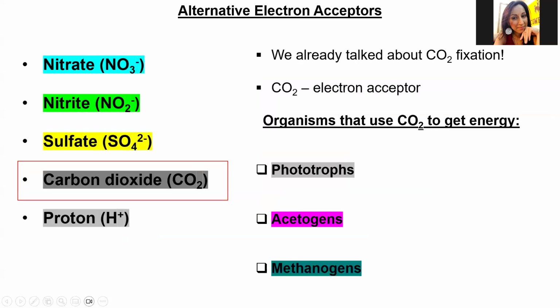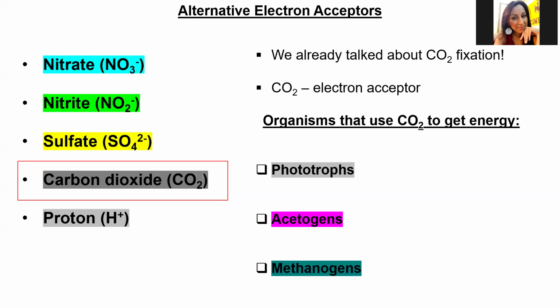Another important alternative is carbon dioxide. Well, carbon dioxide can be considered a carbon source if we think from the perspective of carbon dioxide fixation that happens in photoautotrophs or autotrophs generally. But we can also think about carbon dioxide as an alternative terminal electron acceptor.